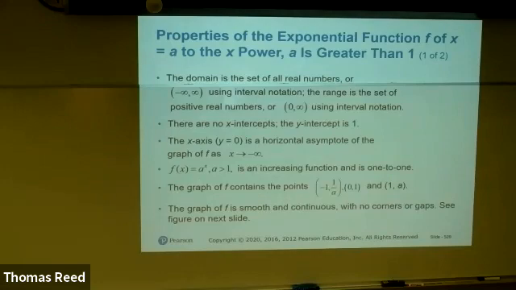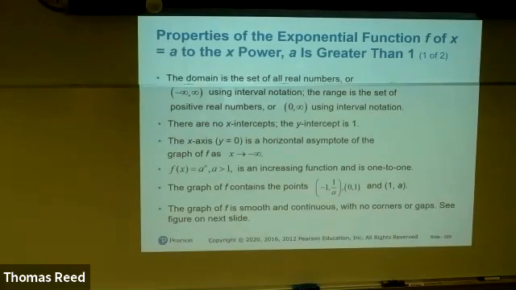The domain is all real numbers. The range is all positive real numbers. There's no x-intercepts, but the y-intercept is 1. The x-axis is a horizontal asymptote as x goes to negative infinity. When a is greater than 1, it is an increasing function, and it is 1 to 1 and has an inverse.